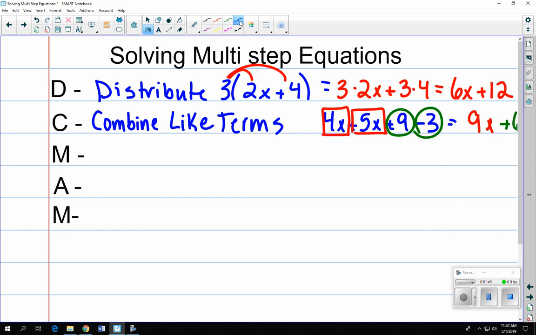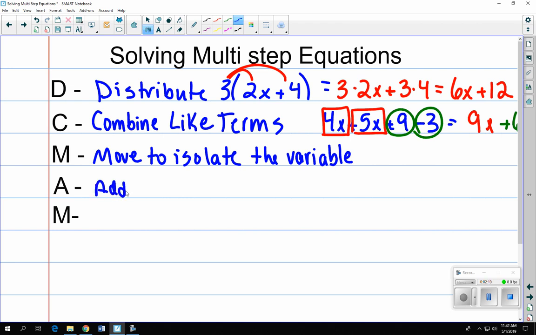After we complete the first two steps of distributing and combining like terms, as long as they're on the same side, the main goal of solving an equation is to isolate the variable. And we want to do it on one side. It does not matter which side, the right or the left. The way that we are going to isolate the variable is by adding or subtracting.